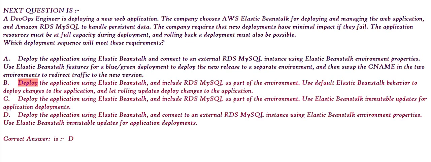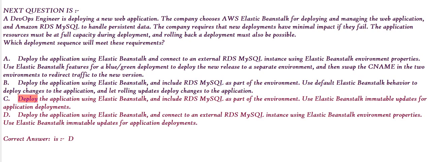B. Deploy the application using Elastic Beanstalk, and include RDS MySQL as part of the environment. Use default Elastic Beanstalk behavior to deploy changes to the application, and let rolling updates deploy changes to the application.